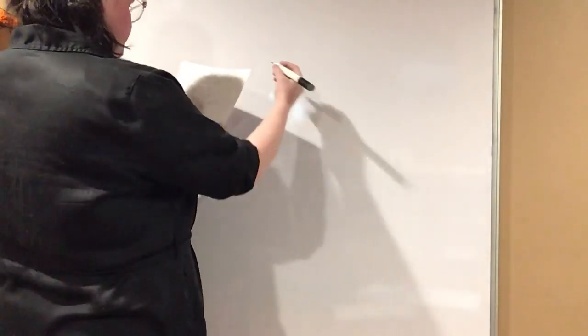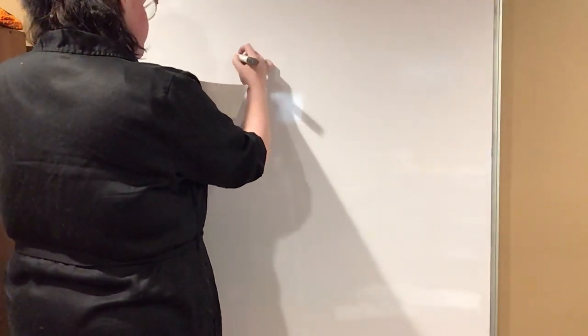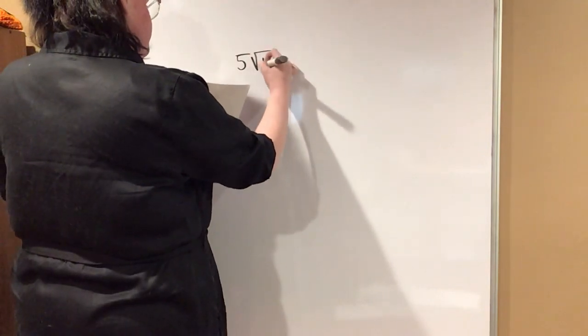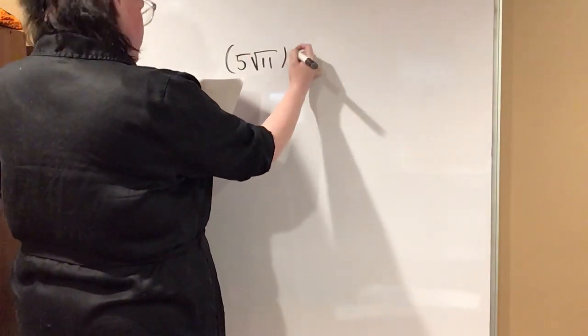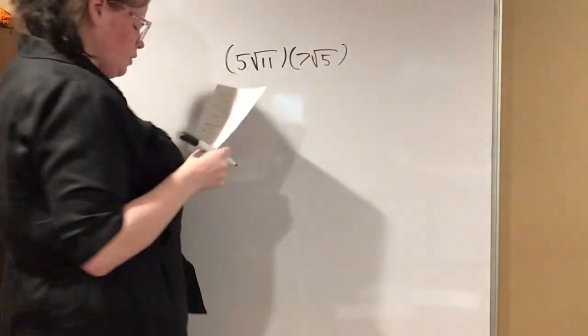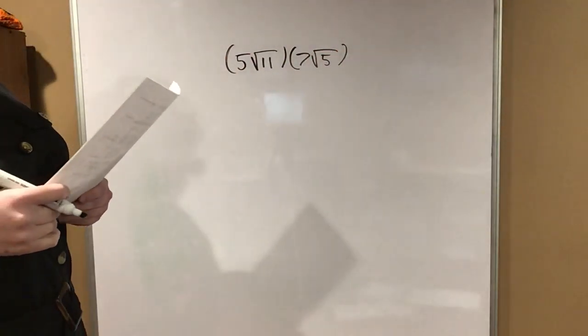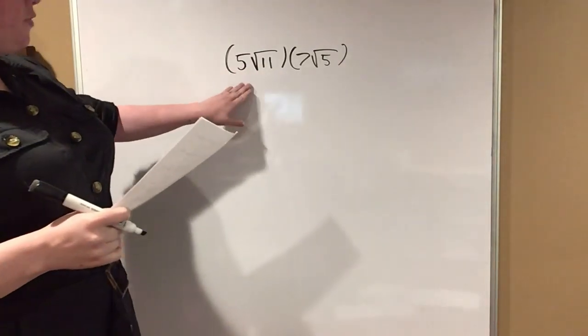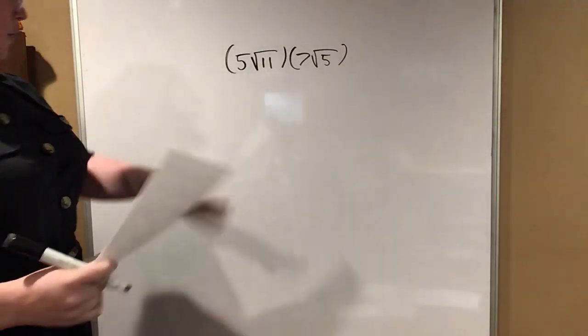So now what if we're multiplying radical expressions? We're given 5 square roots of 11 multiplied by 7 square roots of 5. What we do is multiply the coefficients, the numbers in front of the radicals.